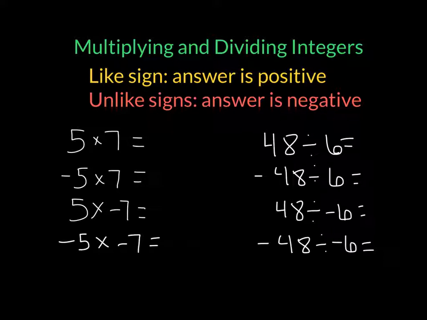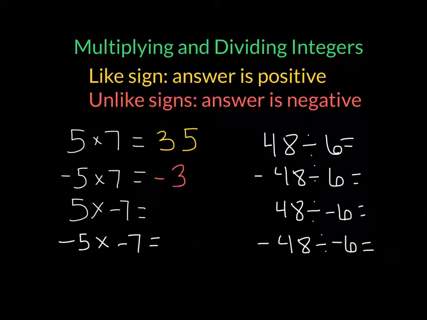So looking at the first example, 5 times 7, they're both positive. So my answer is a positive 35. For the next example, negative 5 times 7, they're unlike because one is negative, one is positive.